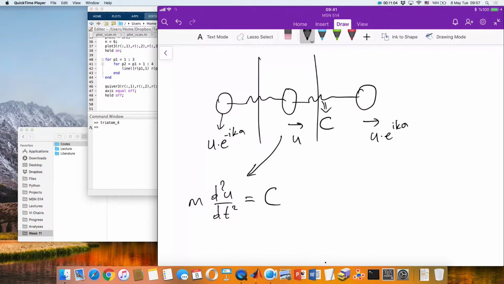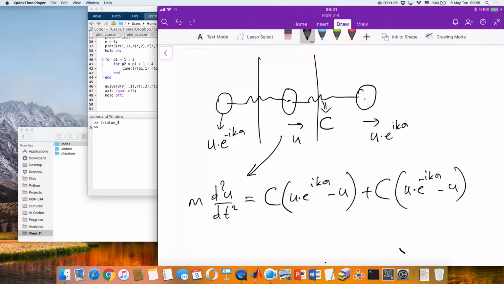So you have C times this one minus this one, right? U times e to the ika minus u, plus C times u times e to the minus ika minus u. Are you following, everyone?